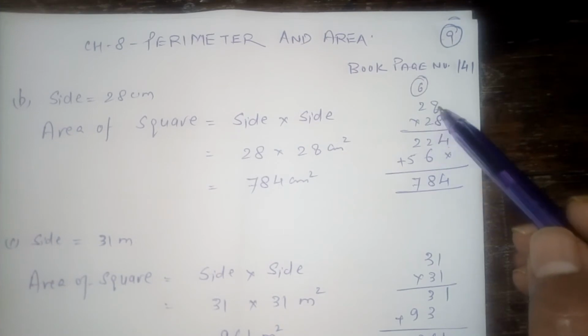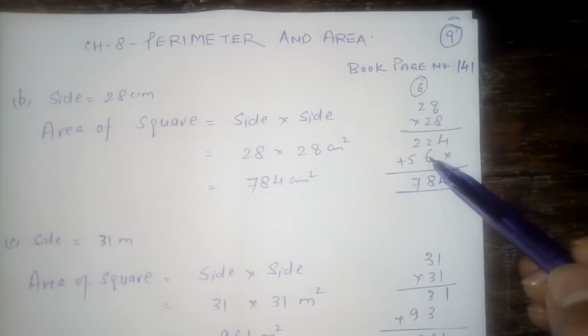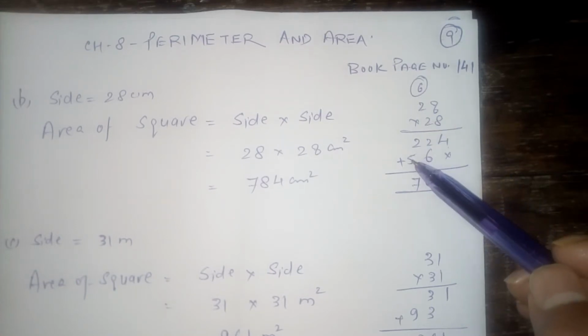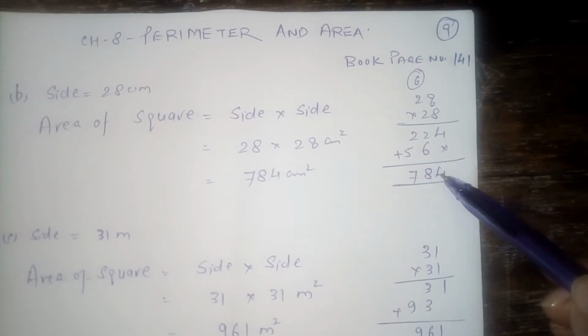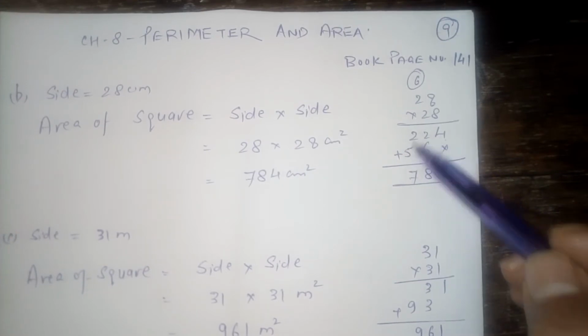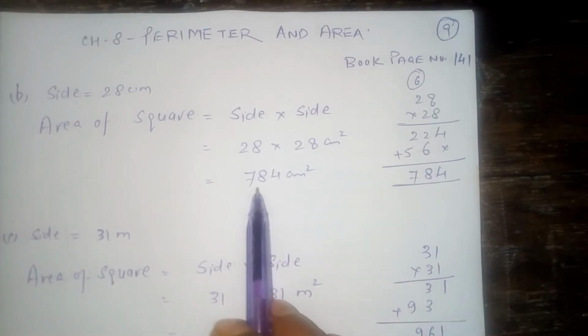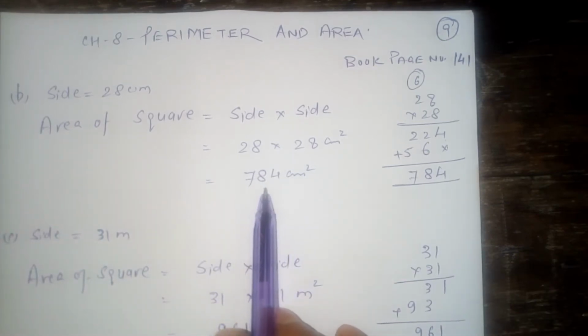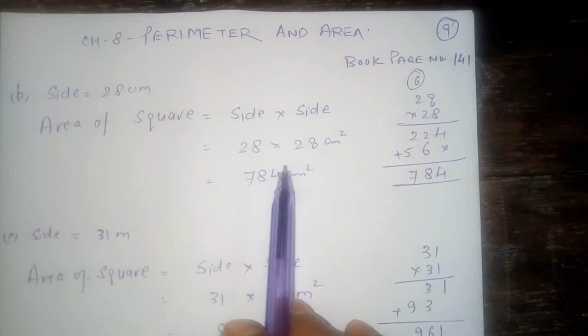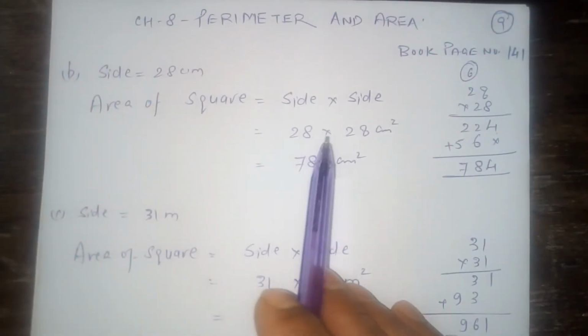Okay, 2 times 8 is 16, this is 6, carry over is 1, 2 times 2 is 4, 4 plus 1 is 5. After adding, 4 plus 0 gives 4, 2 plus 6 is 8, 2 plus 5 is 7. The answer is 784 square centimeter. 784 square centimeter is the area of the square.